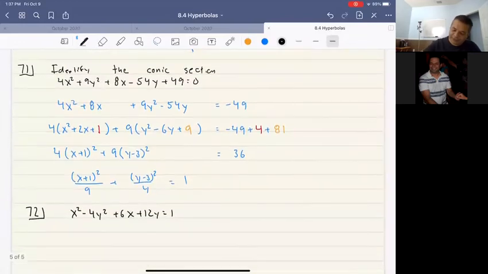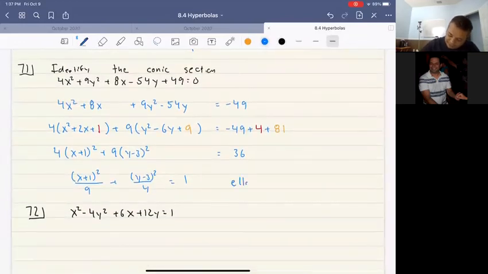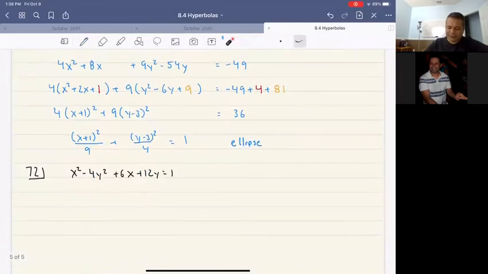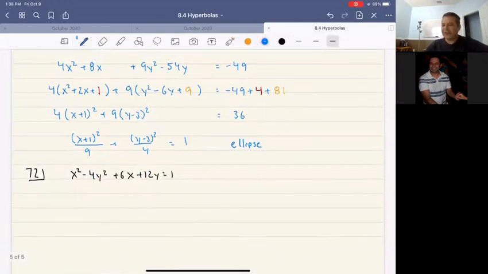By the way, let me write down that the last one was an ellipse. Now this one, because the x squared and y squared have opposite signs, I know I'm going to get a hyperbola. I'm going to be a little more careful here, and you'll see what I mean. Let's do the exact same thing.